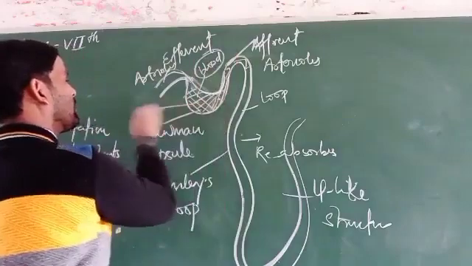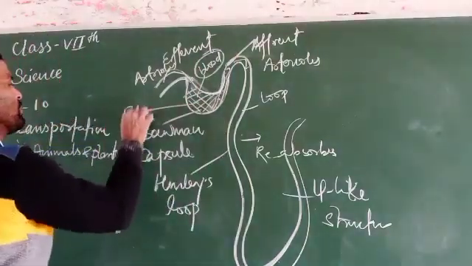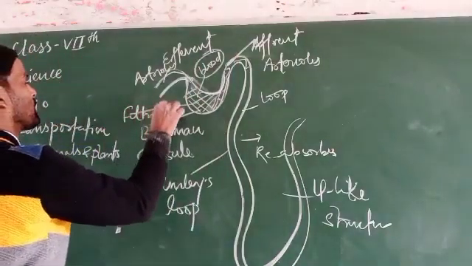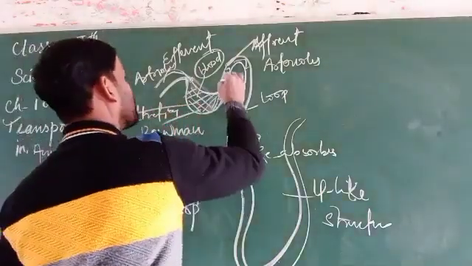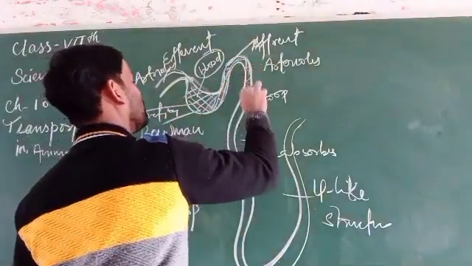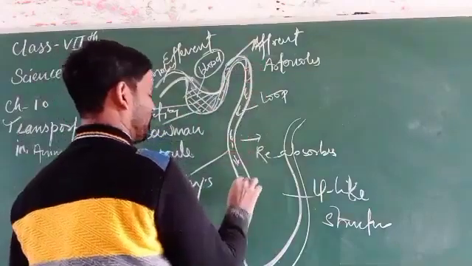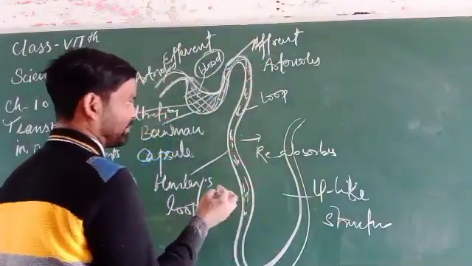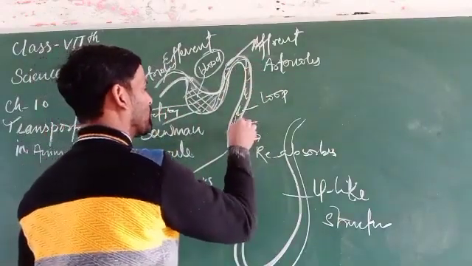The blood gets filtered by the filtering unit. Filtration of blood takes place. The rest of the amount has to move through these Henle's loops, which have most of the absorbing capability.